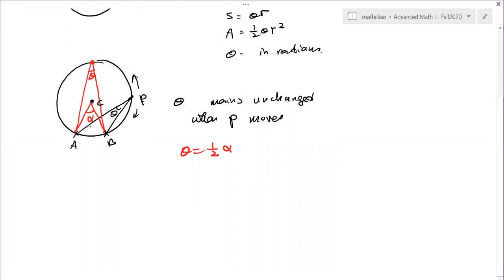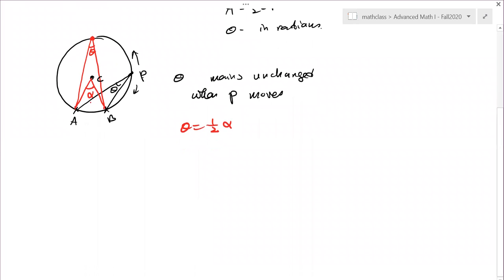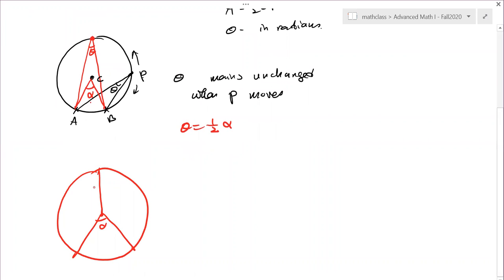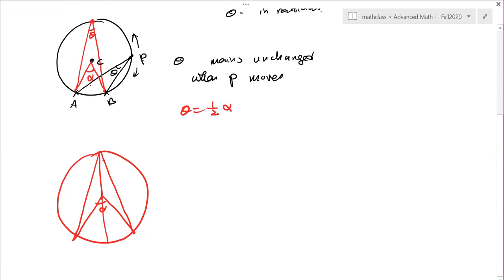It's not easy to prove that theta is always constant when the point moves around the circle, but maybe you can find a relationship between theta and alpha when P is right above the center. So let's see what we can get. This is the theta.